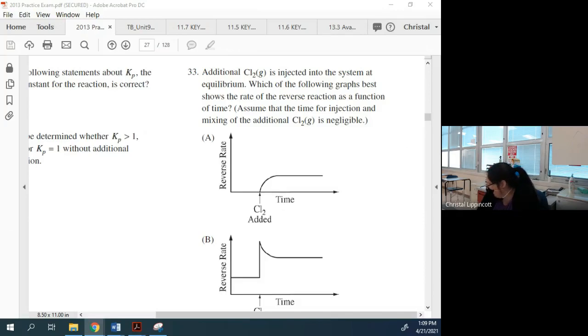Put your answer up on your Chromebook when you think you got it. We got 2 B's and 2 C's.